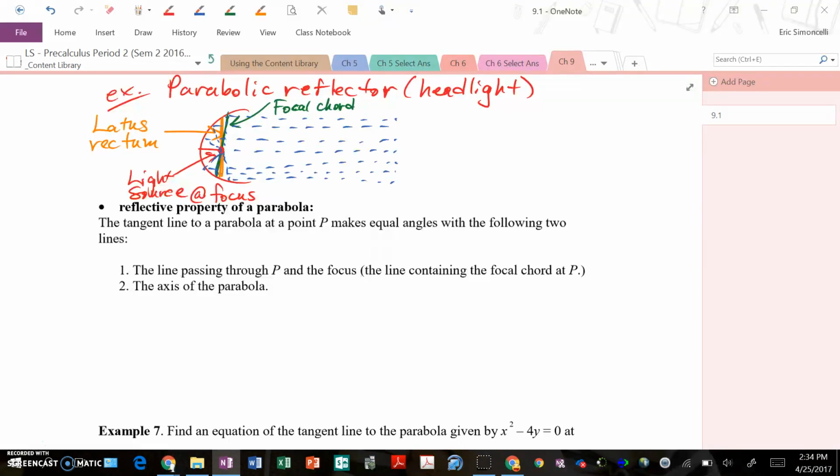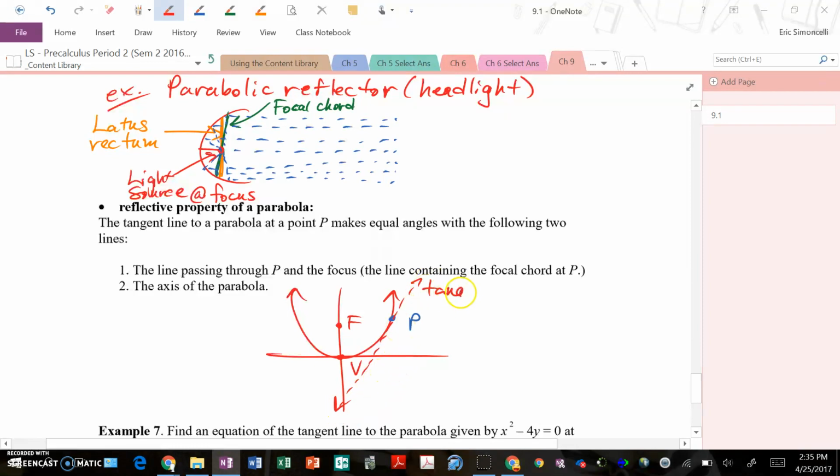I'm going to draw a quick sketch, and on our sketch we'll have a vertex at 0, 0 and a focus somewhere above the vertex. The parabola will open up as such. The point P that we'll refer to, which is tangent, I'll highlight as such, and then the tangent line to the parabola will look something like this at point P. So this is your tangent line.